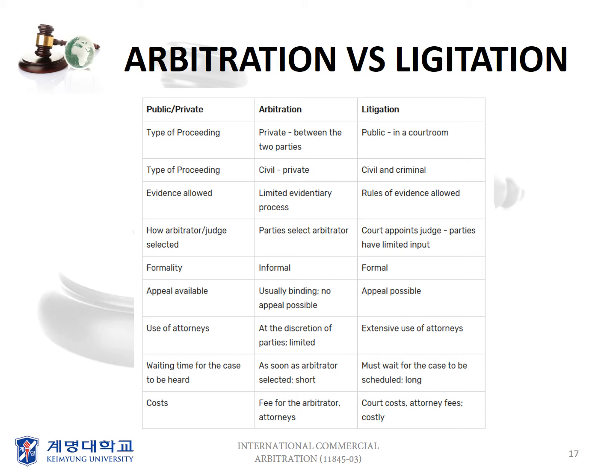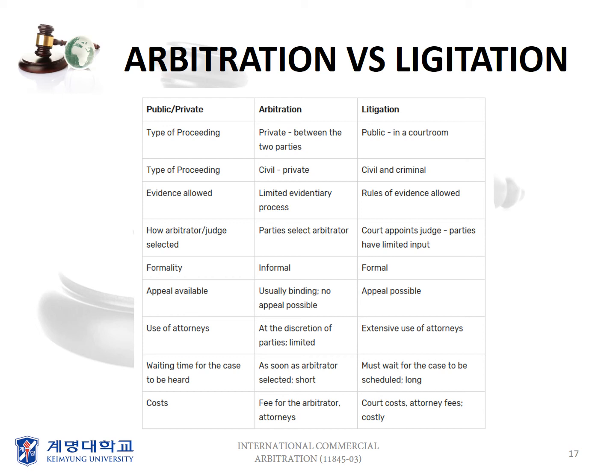Appeal available? For arbitration, usually no appeal. You don't have to appeal because you're going to settle the issue right in there. But for litigation, if the court already made a decision, there is a chance to appeal the decision of the judge.